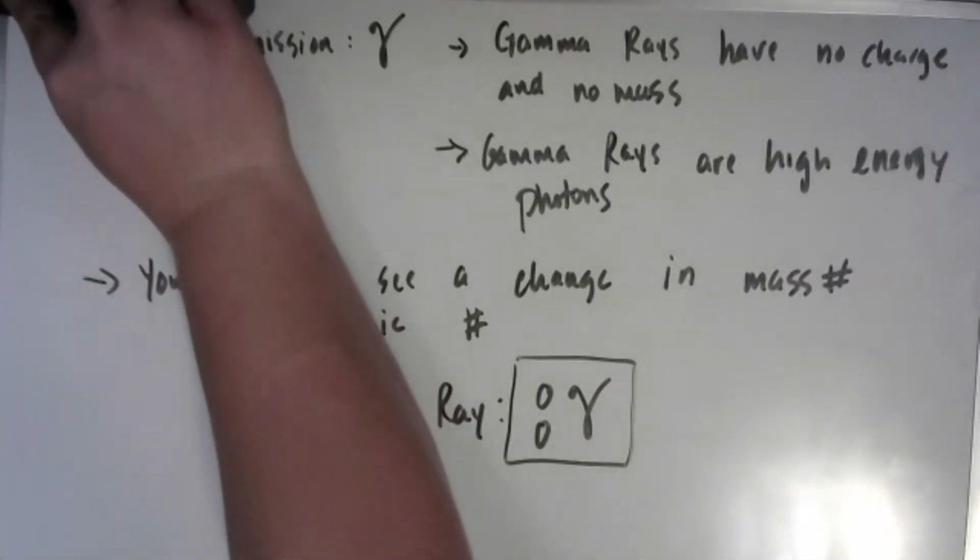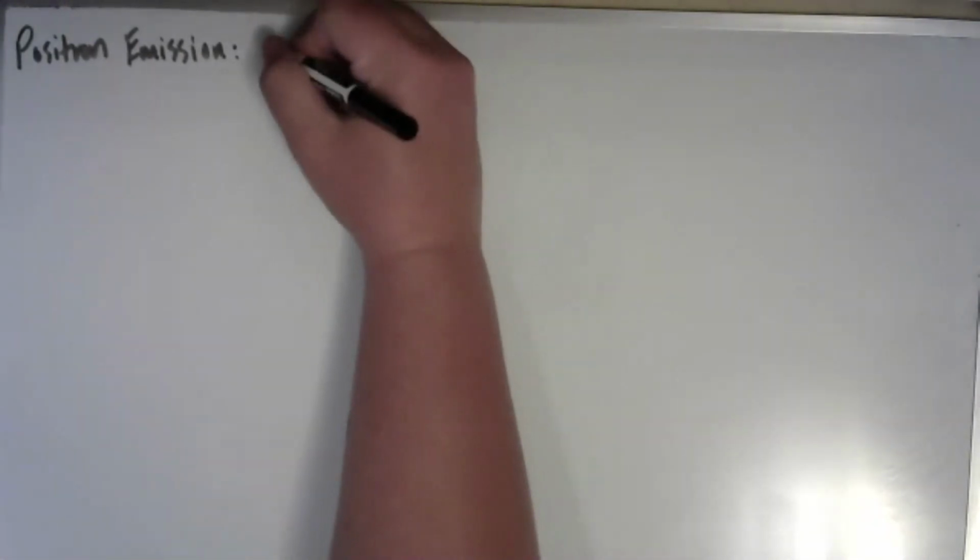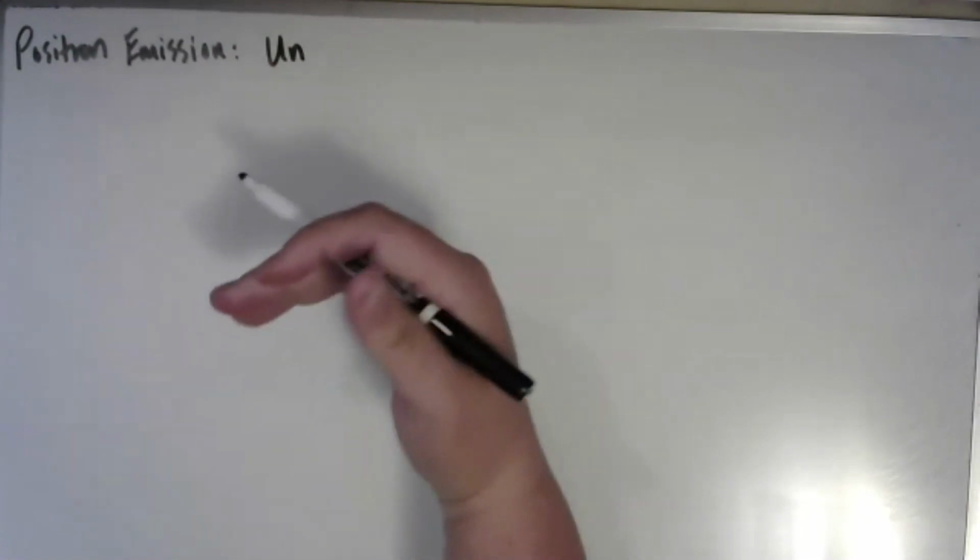Next type of radiation is going to be positron emission. Positron emission is going to happen when you have an unstable nucleus that emits a positron. And we'll look at what a positron is in a minute.